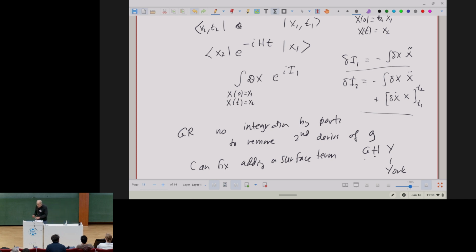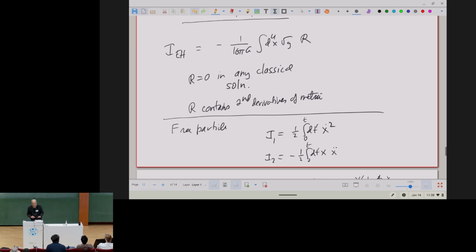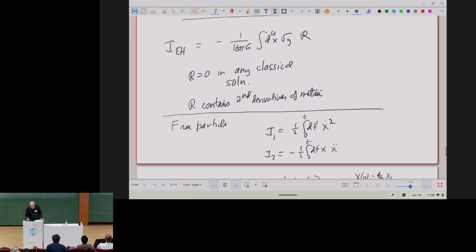In fact, in one approach, the whole answer comes from the boundary term. Since R is 0, there's no bulk contribution to the action, and the whole answer comes from the boundary term. That's the original approach of Gibbons and Hawking, and as I've said, you can find it in all kinds of places, including my lecture notes.